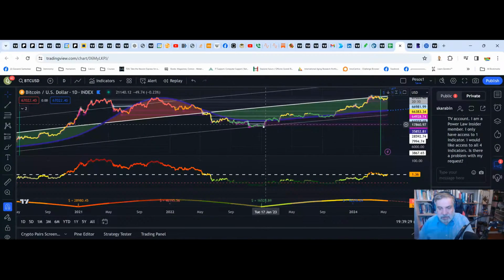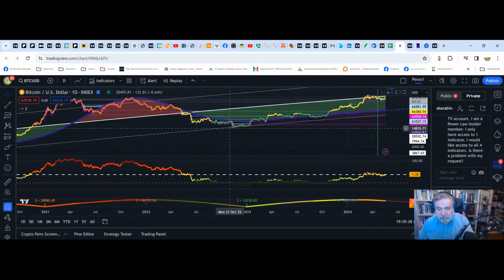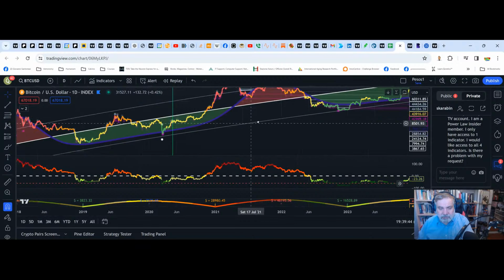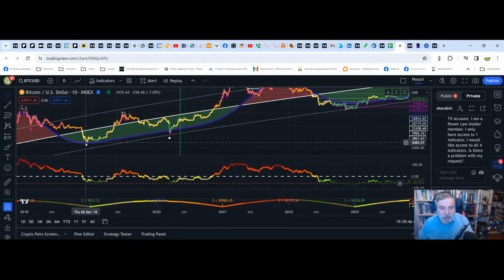And so, in fact, you can see here, for example, that we touched that bottom, and for a while, the price actually followed that bottom. It's pretty incredible. Same thing here, for example, during COVID, before COVID, the price was a little bit more bullish than usual.